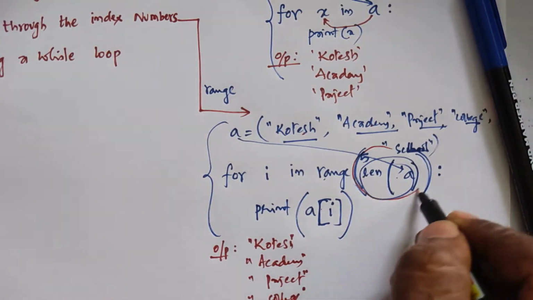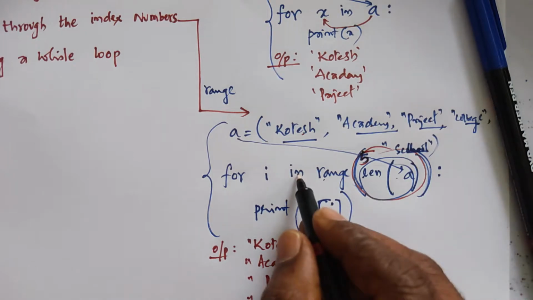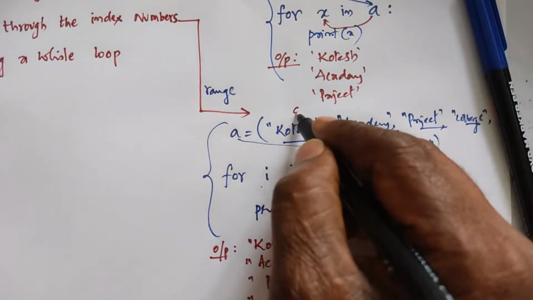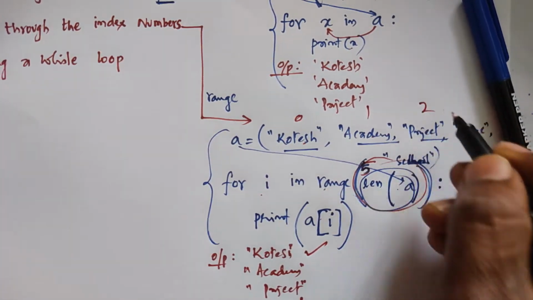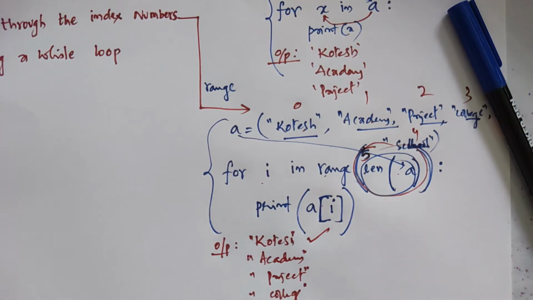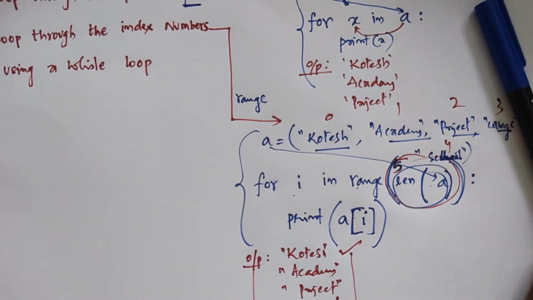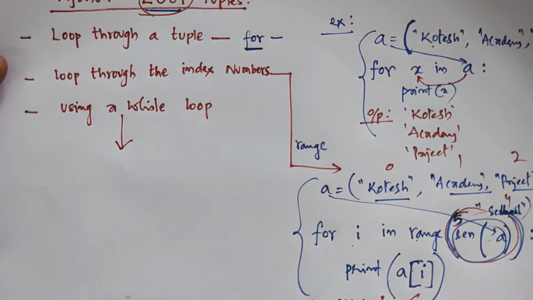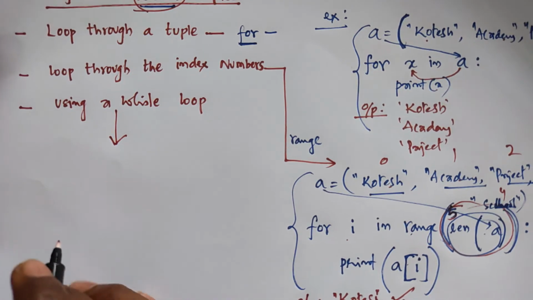Okay, the total number is 5, but it is starting from 0. So at 0 you will get quotation. Okay, next one academy, 2 3 4, not including 5. Like that all the data will be displayed in the output.